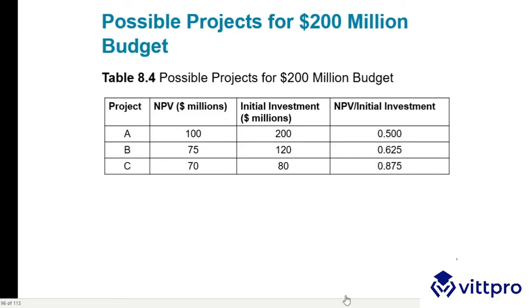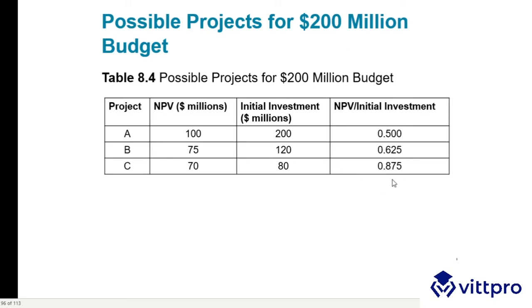We have initial investments for the choices: one is 200 million, one is 120, one is 80, and we have NPVs of 175 and 70. First we will calculate the profitability index. In this case, we have calculated a profitability index for project A at 0.5, 0.6, and 0.8.